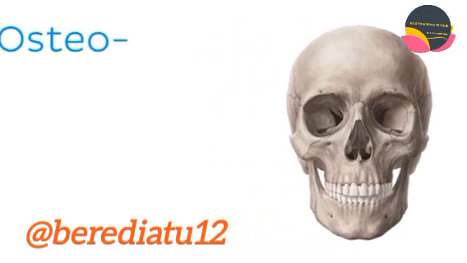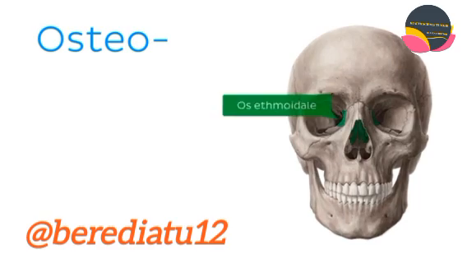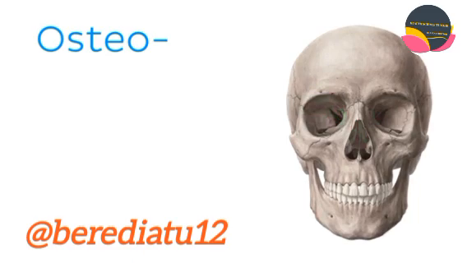The first prefix, of course, has to be osteo. If you learn your anatomy using Latin terminology, you'll be more than familiar with the term os, which means bone, such as os ethmoidale or the ethmoid bone. Osteo, therefore, is a prefix which is unsurprisingly widely used in relation to bone or bone tissue.